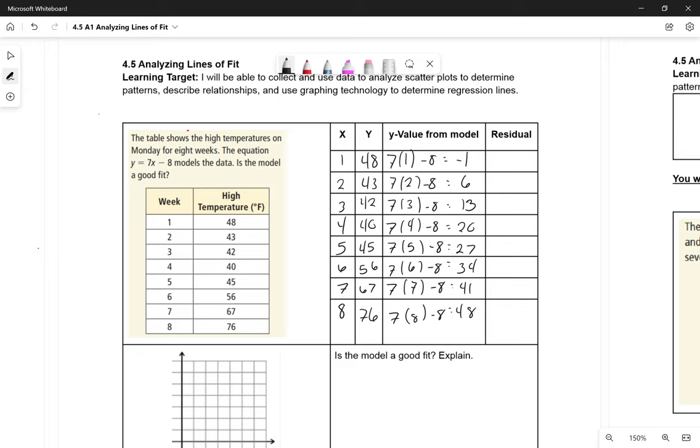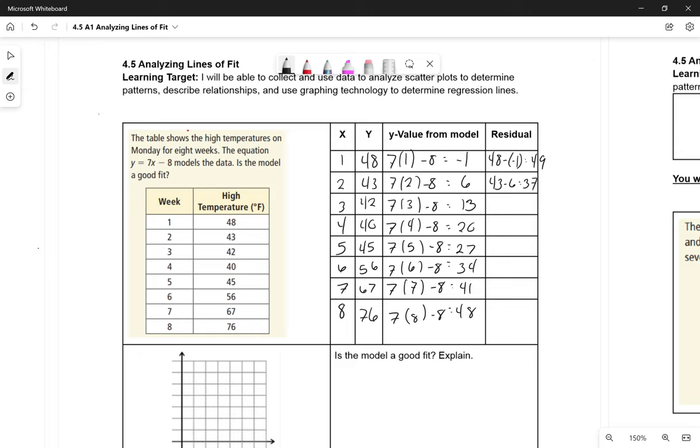But now let's calculate our residuals. Again, it is going to be our y value minus our y value from model. And then the first one we get 49. And then we're going to get 37.